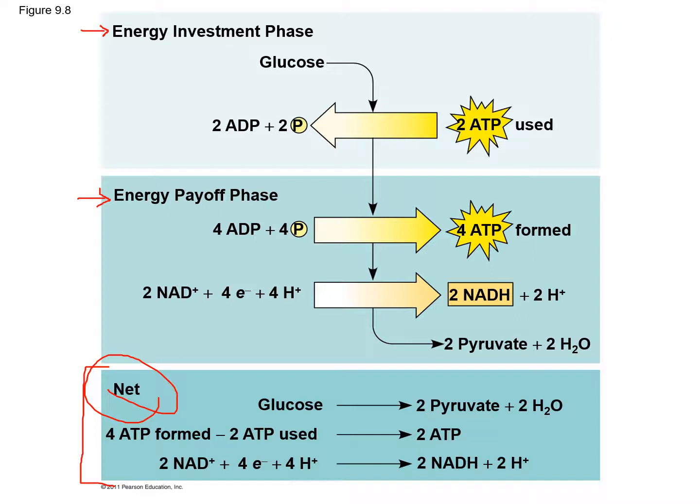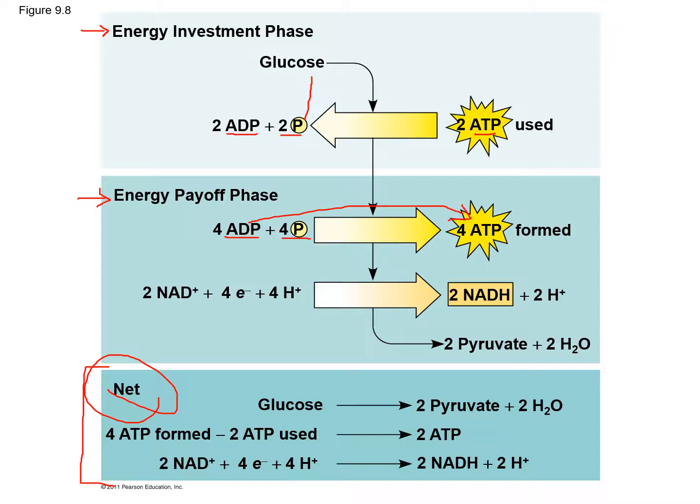I know that because it starts as ATP, adenosine triphosphate, and then it ends as ADP plus 2 phosphate groups. So those phosphates have come off and been attached to the glucose. During this energy payoff phase, we have ADP and 4 of these phosphates. And in this case, ADP has been phosphorylated to ATP.